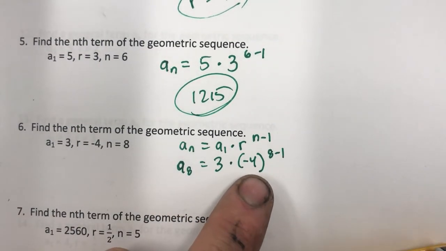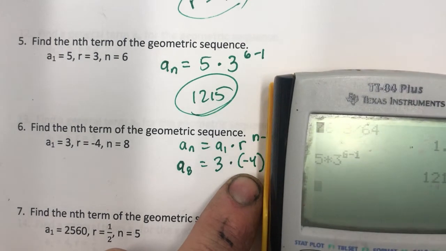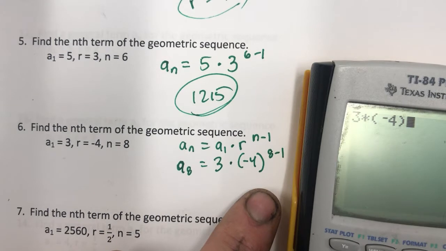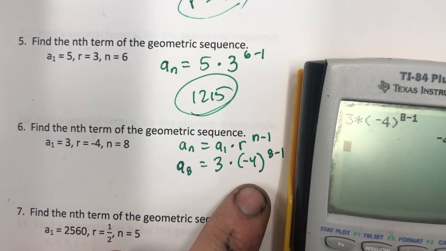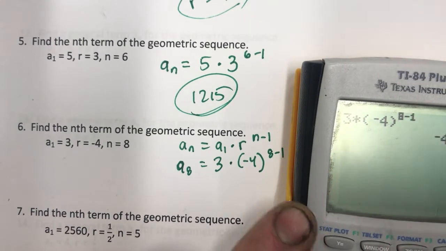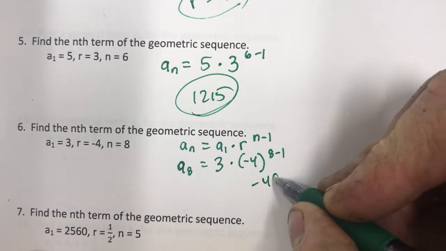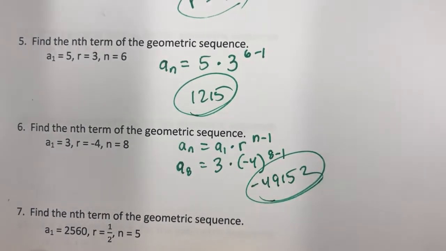And when you have a negative like that, you need to put in parentheses. So 3 times negative 4 in parentheses to the 8 minus 1 power. And it looks like negative 49,152. That'd be my answer.